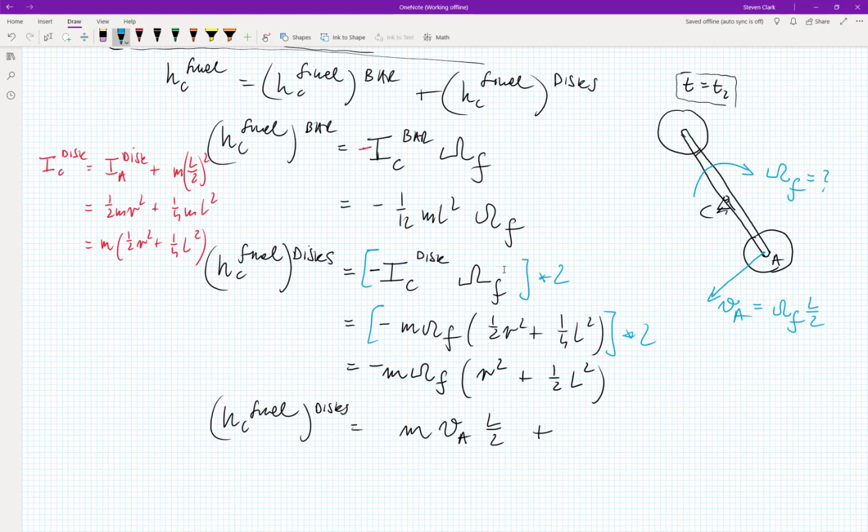And this is negative, yes? So minus in front of it. Plus IA of the disk times omega of the disk.